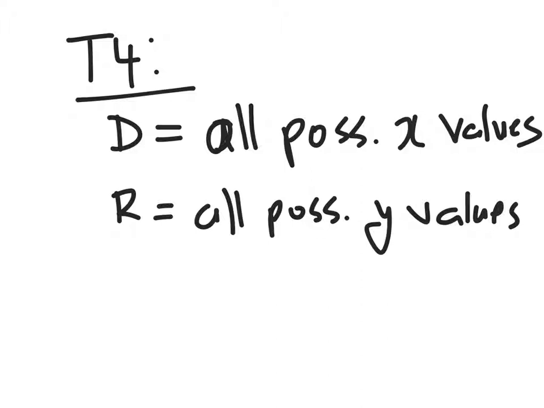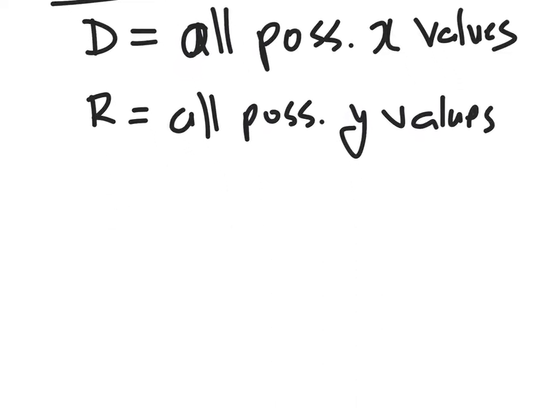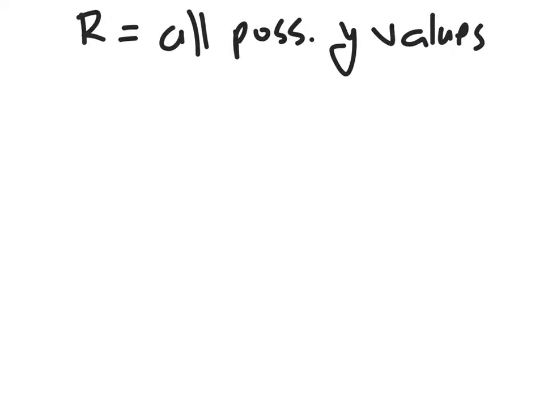So let's have a look at a couple of examples and see what we mean by that. Let's look at A. A is a simple one. F of x equals 3x plus 1. If you look at that function, is there any value of x, any input, that won't work?